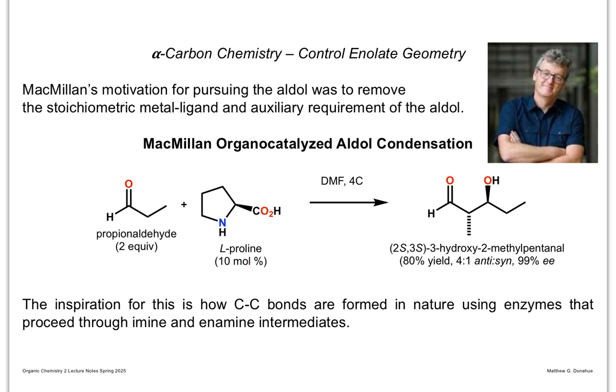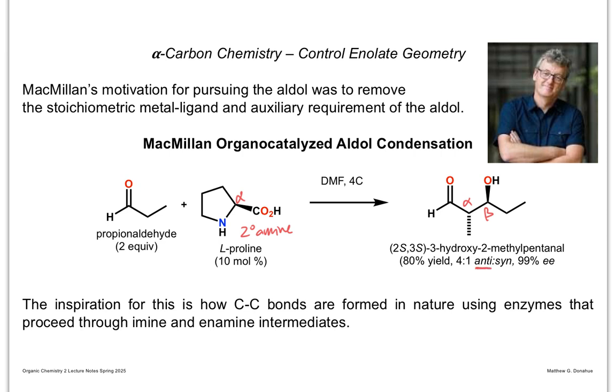So here's your alpha carbon. Proline's the only amino acid that has a ring. So it's a secondary amine. In the self-aldol reaction, taking propanal plus a catalytic amount of L-proline, that will generate the aldol product, so alpha, beta.